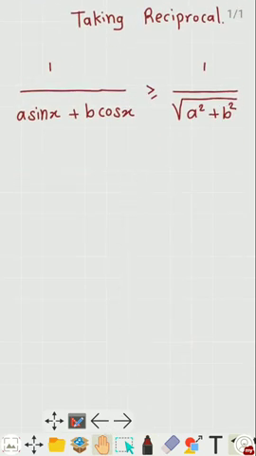Okay, so just multiply by x to this inequality.